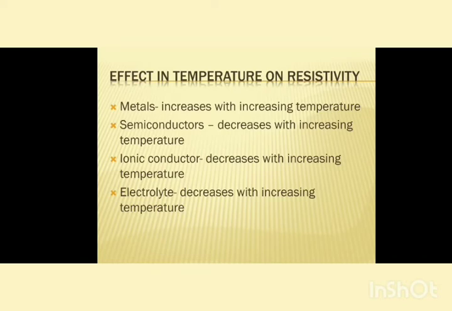Whenever the electrons collide with the atoms, the temperature of the atoms will increase and resistance also increases. So in the case of metals, when temperature increases, electrons move faster through the metal, collisions increase, resistance will increase. Okay, so resistivity also increases. So in the case of metals, resistivity increases when the temperature increases because of the increase in collisions.